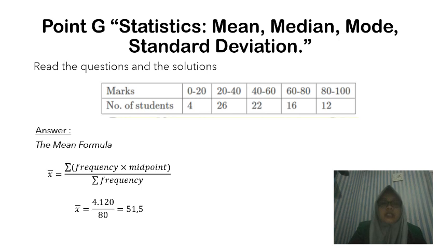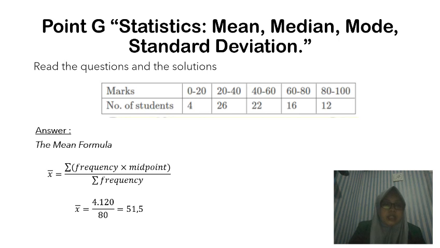Number of students: 0 until 20 is 4, 20 until 40 is 26, 40 until 60 is 22, 60 until 80 is 16, 80 until 100 is 12.